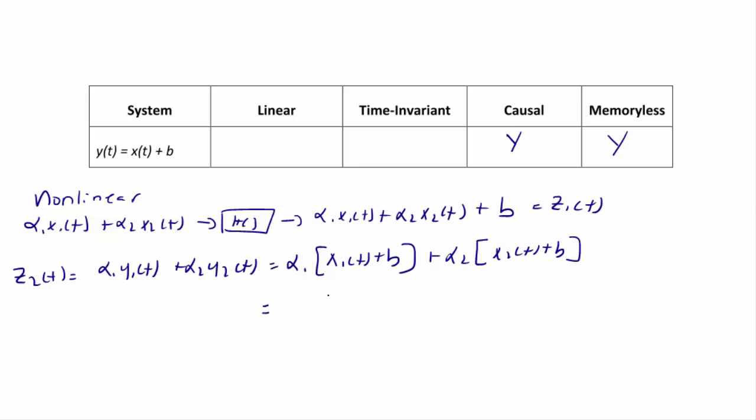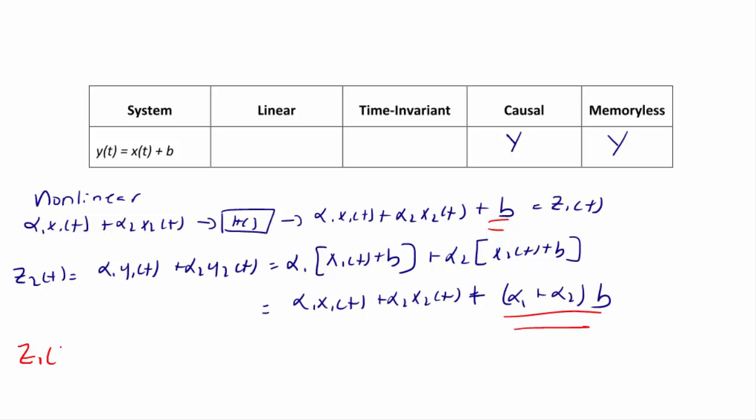Doing a little bit of rearranging, I will have alpha 1 x1 of t plus alpha 2 x2 of t plus alpha 1 plus alpha 2 times b. So as I just said, because we have this term b, z1 of t is not going to be equal to z2 of t. So this system is nonlinear. So this is no.